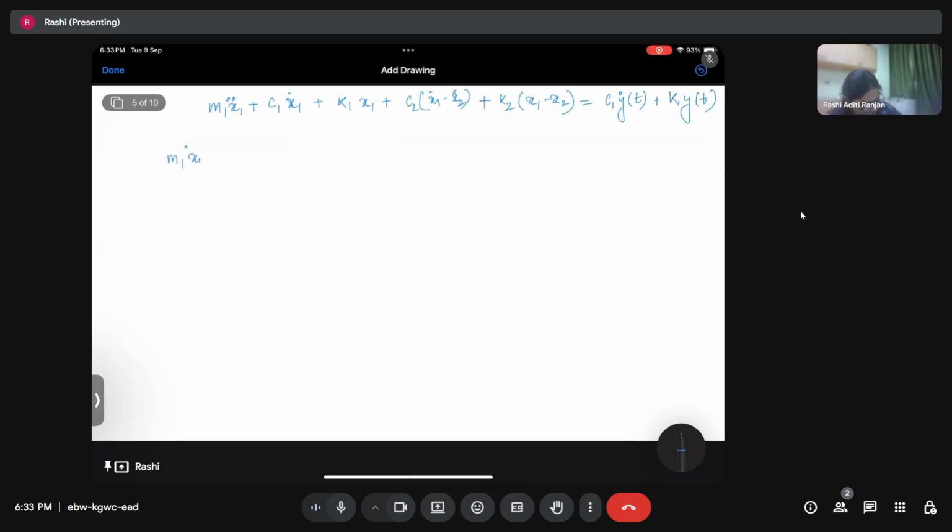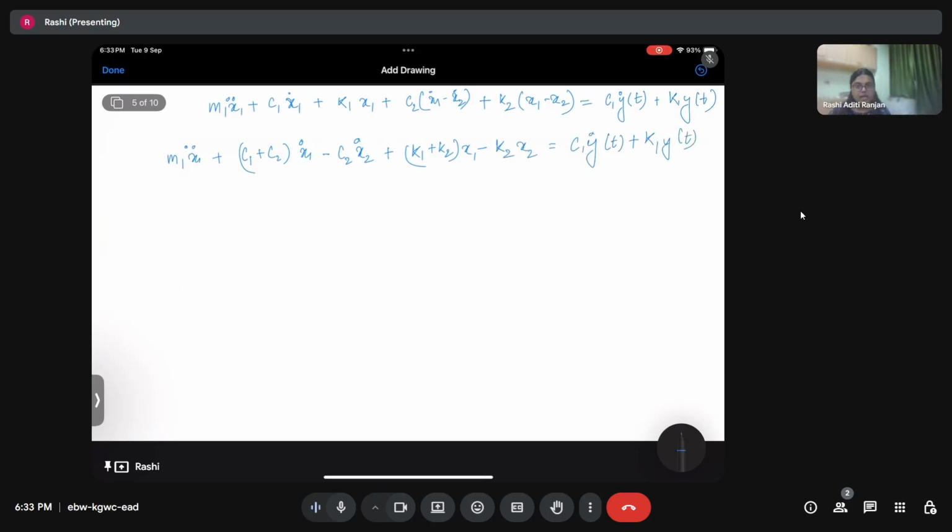Okay, so we can write it in a way that m1 x1 double dot plus (c1 plus c2) x1 dot minus c2 x2 dot plus (k1 plus k2) x1 minus k2 x2 is equal to c1 y dot of t plus k1 y of t.